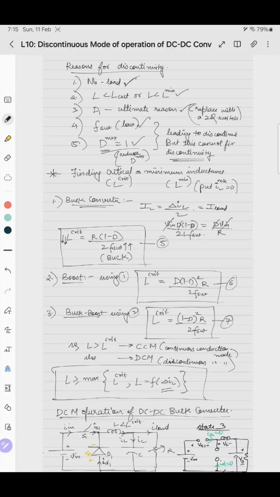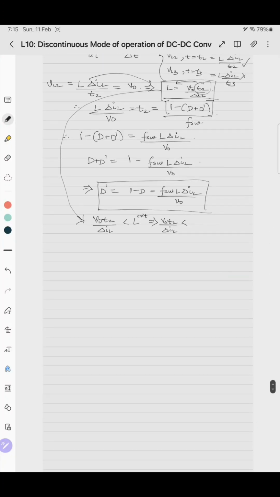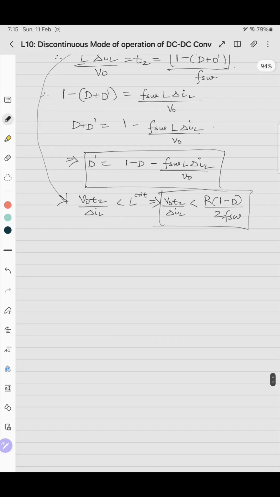It is R into 1 minus D by 2 into F switching. This we have to make sure. So T2 should be less than R into 1 minus D into delta IL by 2 V naught F switching.